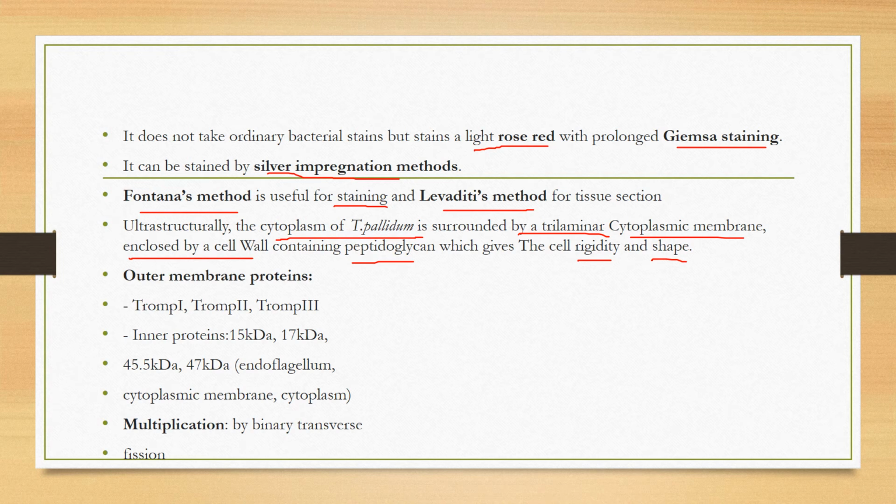It has 3 outer membrane proteins: TROM1, TROM2, TROM3, and inner proteins of 15 kilodalton, 17 kilodalton, 45.5 kilodalton, and 47 kilodalton. These are endoflagellum, cytoplasmic membrane, and cytoplasmic inner protein, and it usually multiplies by binary transverse fission.